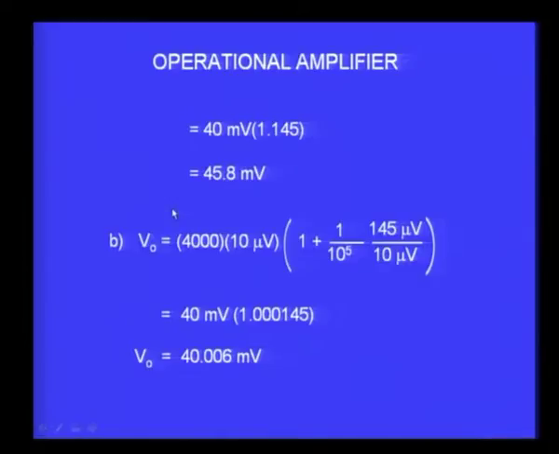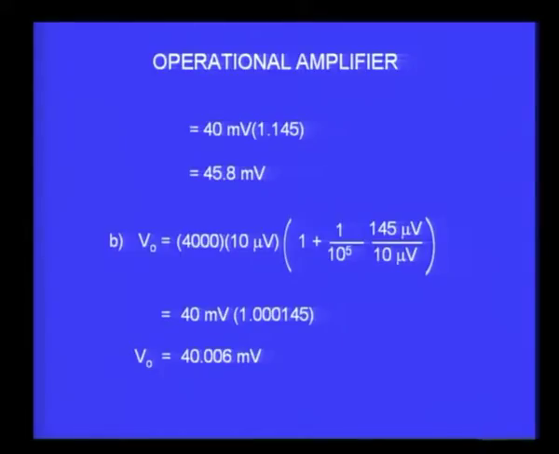If you take the second case where it is 10 power 5, you would find 4000 into 10 microvolt is the actual voltage you should get, 40 millivolts, but you are getting 45.8 millivolt in one case, because the CMRR there is smaller or only 100. When you have CMRR 10 power 5, you find this value becomes 40.006. That means, if the CMRR is a very large value, then the output voltage is almost equal to 4000 multiplied by 10 microvolt, that means AD into Vd. The contribution from the second term will be very, very small. That is what we try to understand from this example.